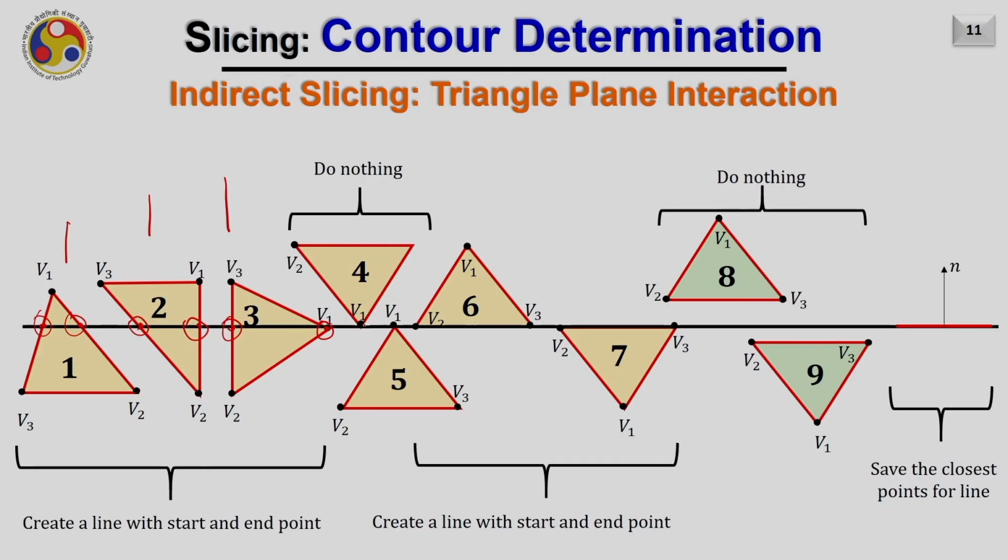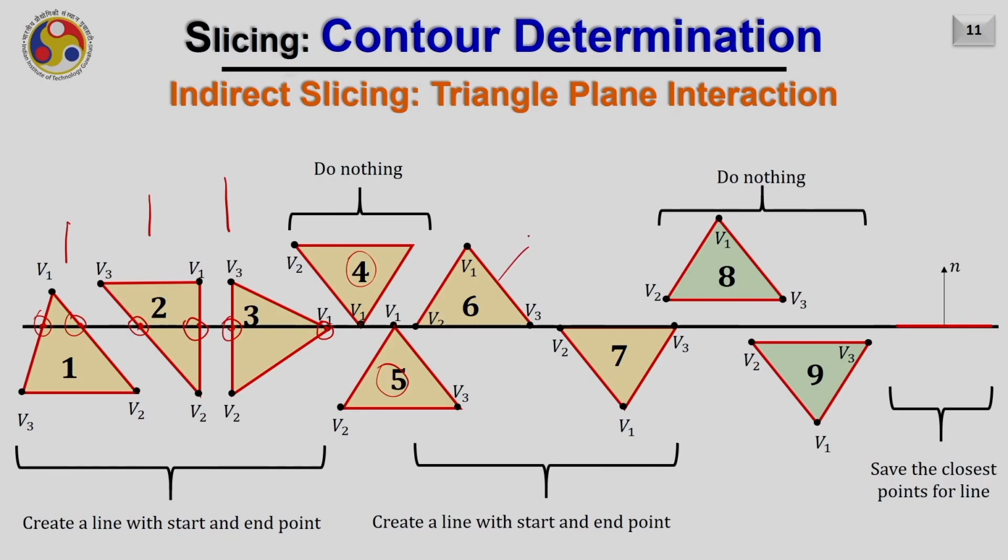Like I said earlier, for cases 4 and 5, you need not do anything, because only a vertex is lying on the horizontal plane and this data may be redundant if we save it. However, other triangles will fulfill this requirement later on.